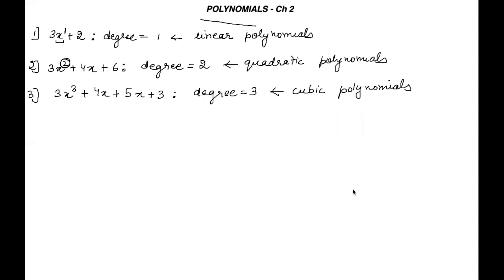Now let us consider a polynomial. Let's suppose we have a polynomial p(x). So what is p(x)? We have p(x) equal to, let's say, 4x squared minus 3x plus 1. Now why do we say p(x)?